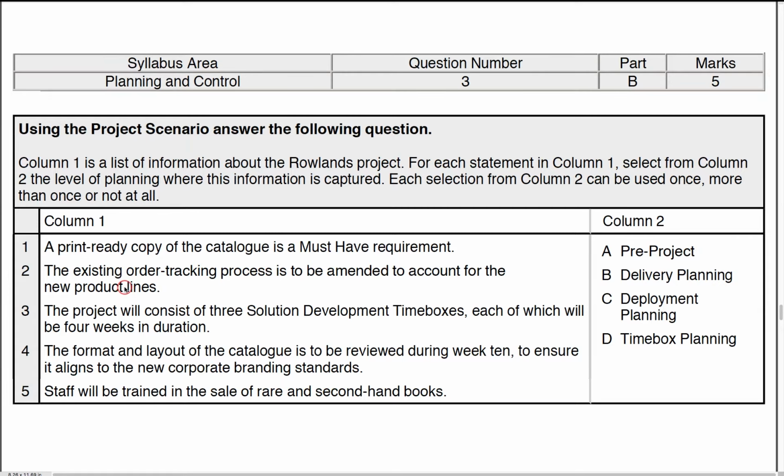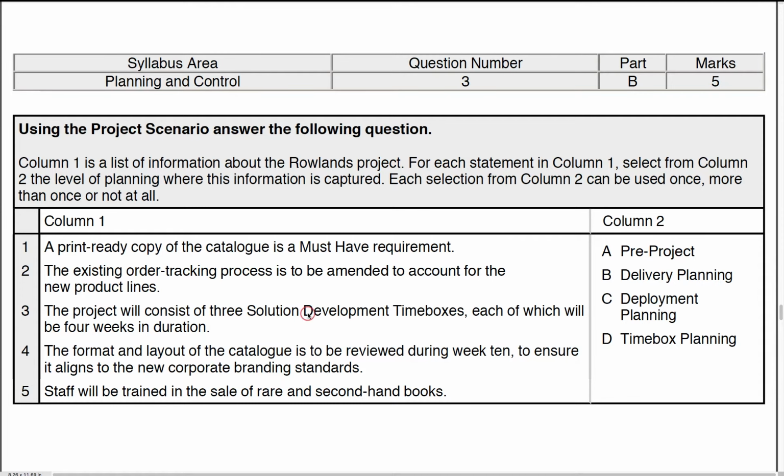Now, when do we get the new product lines out? When we go through evolution and development, we're building them, but actually part of that is when we start to deploy the solution. So once we start to deploy the solution, this is in deployment planning. So we need to know that once we've got those out there, that's when we will need to do that work. So that letter is C for 2.